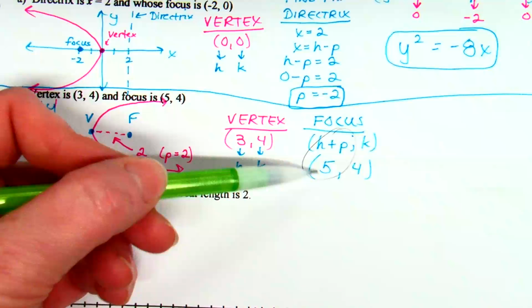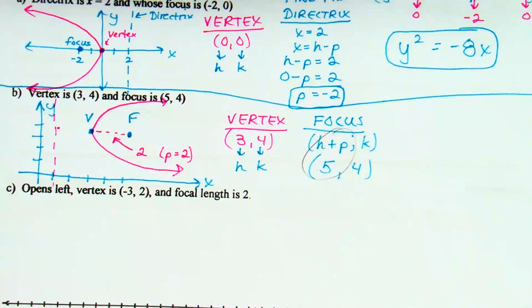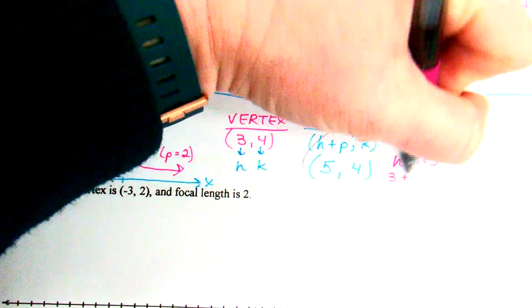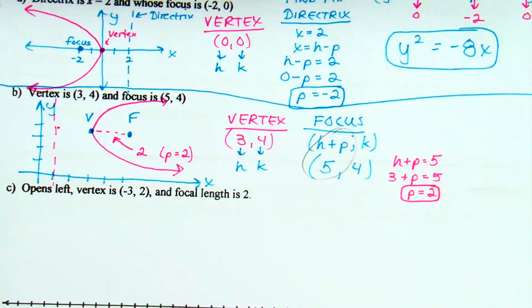And do we know H? Yeah. And so you can set it up as a little equation. H plus P equals 5. So H is 3. So 3 plus P equals 5. And so P is 2. And notice, P came out to be a positive 2. If you're doing the algebra, it will tell you itself if it's positive or negative.